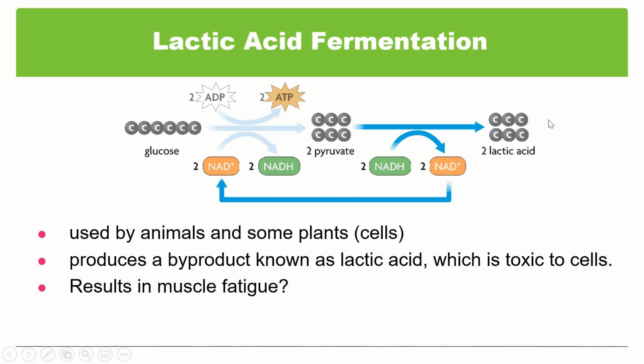And that conversion of pyruvate to lactic acid uses up some NADH so that you produce NAD+, which, as we see here, can be recycled back into glycolysis. So that glycolysis can keep going and you can get your 2 ATP out of it. So that is the first type of fermentation. Okay, so again, remember, only 2 ATP produced, the 2 that are produced during glycolysis.